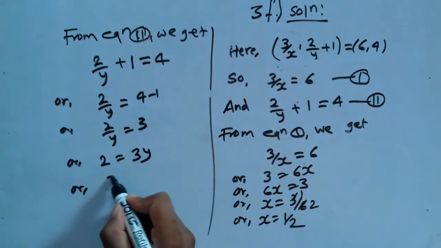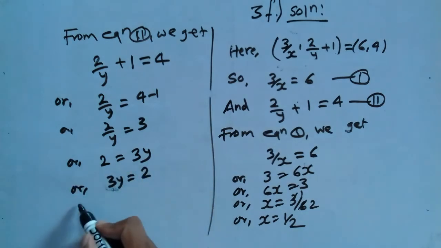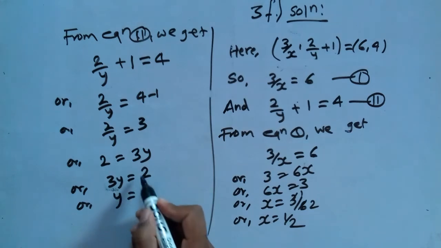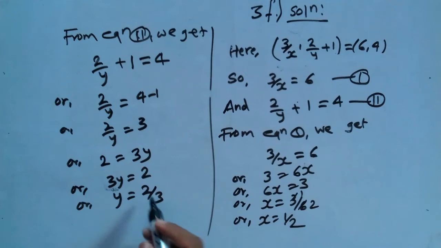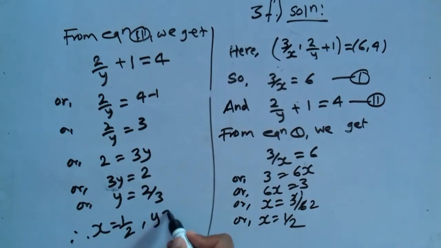Or we can change sides, 3y equals 2, or y equals 2 divided by 3. Here it cannot be further divided, so this much is the answer, and our final answer is x equals 1 by 2 comma y equals 2 by 3.